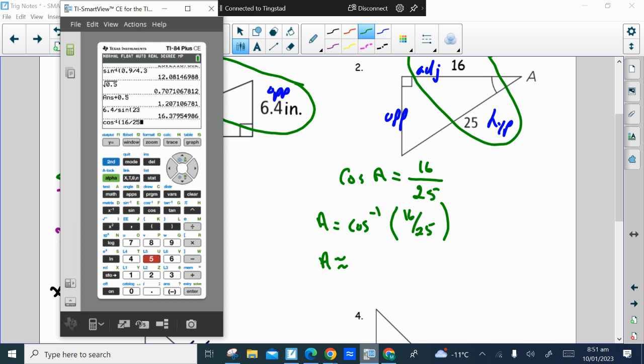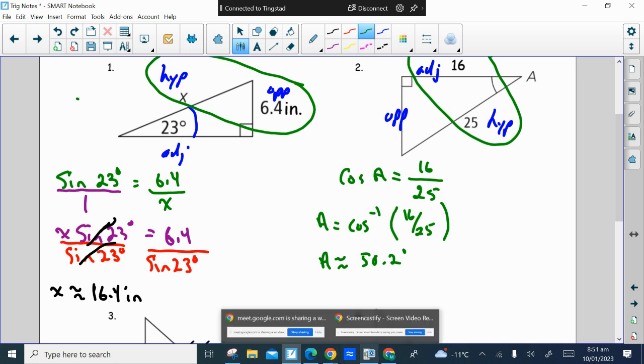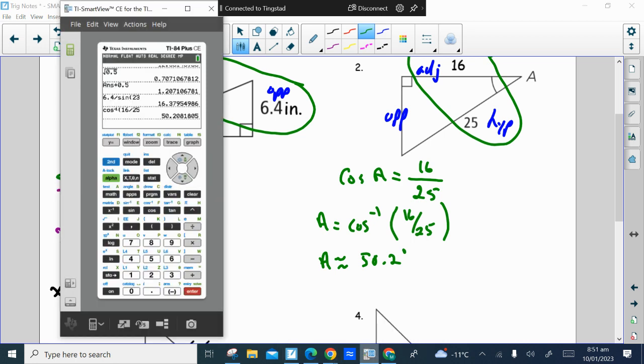Okay, so that gives us an answer of 50.2 degrees. Second function cos of 16 on 25.